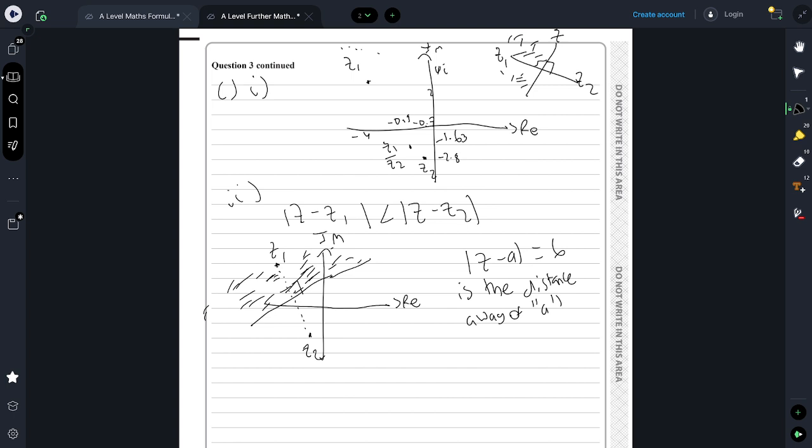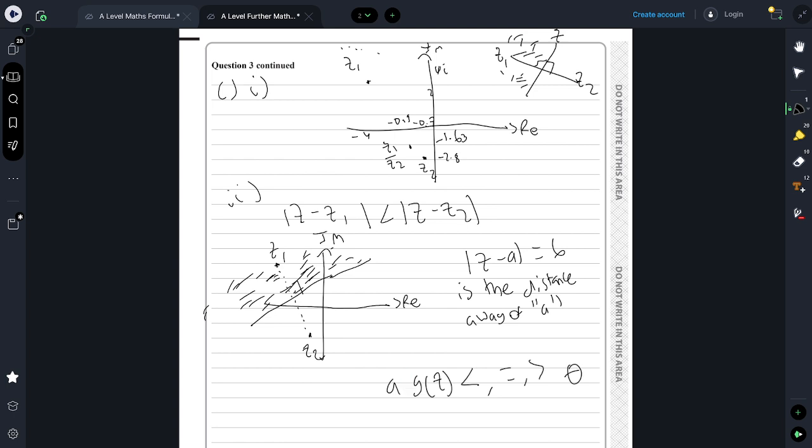So you should be able to interpret there are three cases. You have a half line, so arg z is less than or equal to or greater than an angle theta.